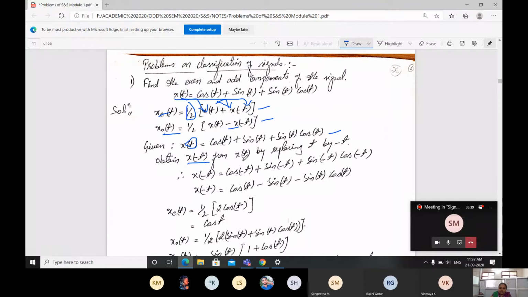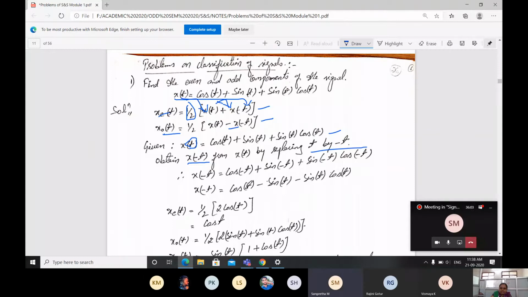That's what I wrote here: x of t by replacing t by minus t. So instead of x of t, I can write x of minus t, which is equal to cos of minus t plus sin of minus t plus sin of minus t and also cos of minus t.